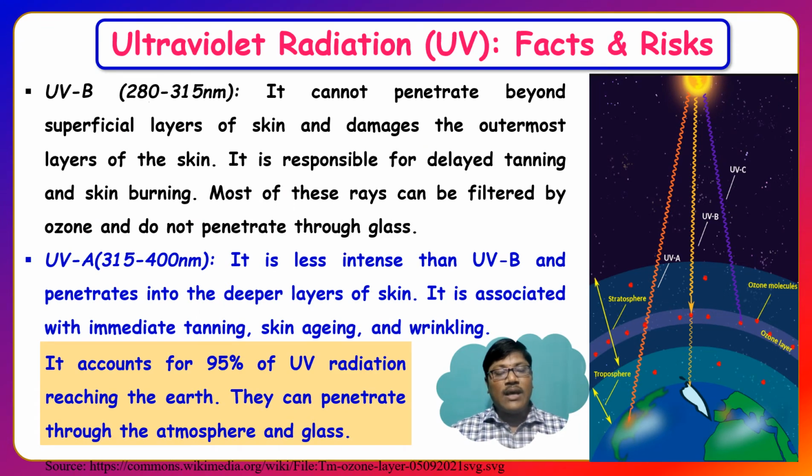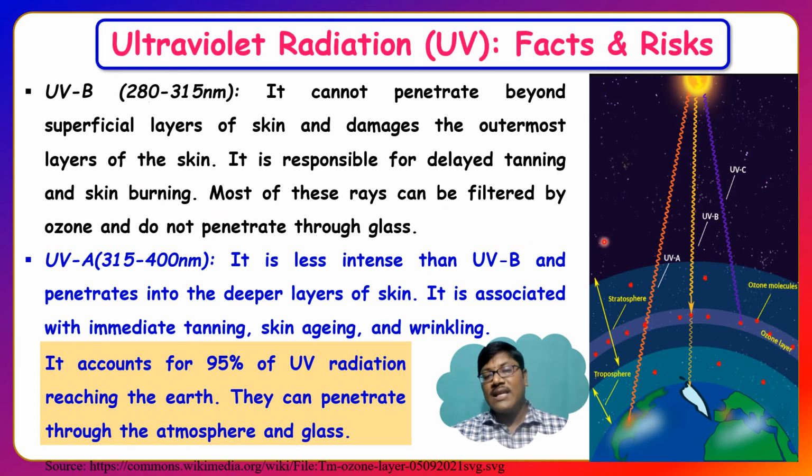The wavelengths ranging between 280 to 350 nanometers are said to be UVB. UVB radiation cannot penetrate beyond superficial layers of skin and hence it damages only the outermost layers of the skin. It is responsible for delayed tanning and skin burning.